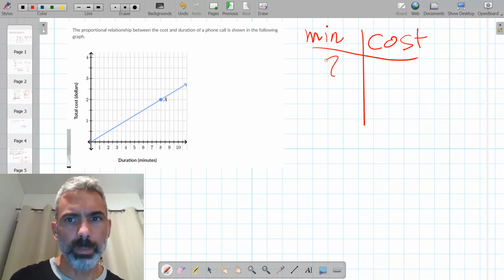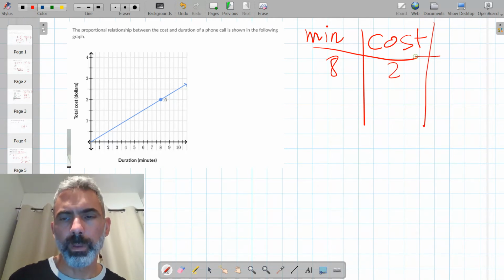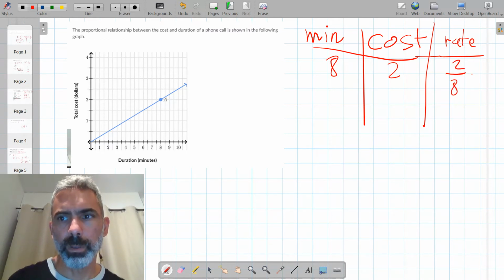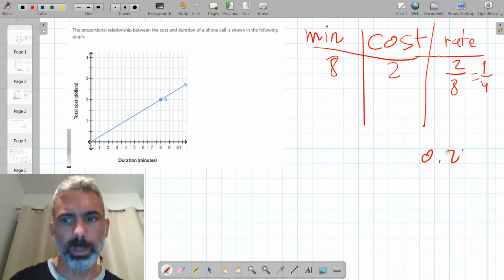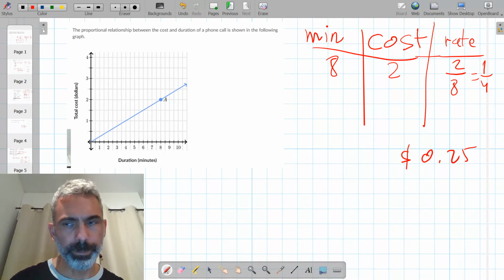So 8 minutes costs $2. So the relationship between the cost and the minutes is 2 over 8, which is 1/4 of $1, which is 25 cents per minute.